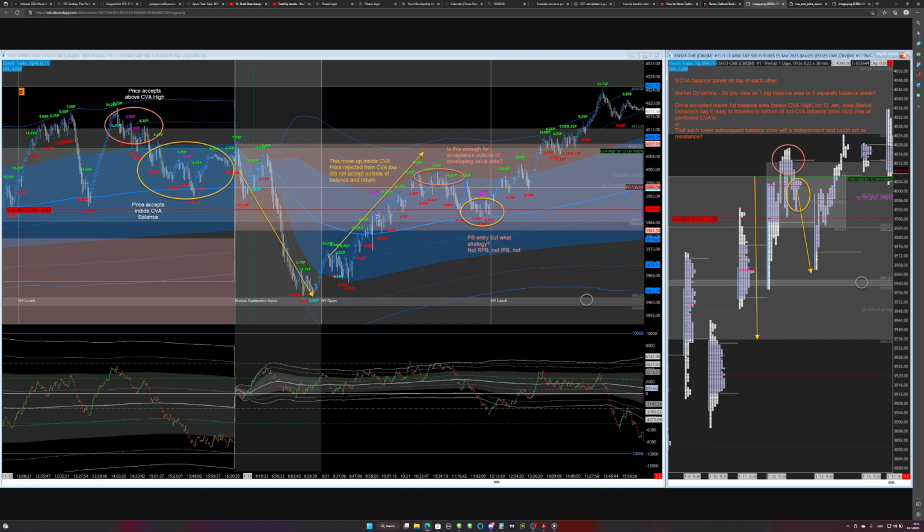It doesn't matter that it's balance here, it's a change because they are different balance zones. We come to retest, we come to the VWAP, and VWAP is in the same area as this retest here, and VWAP is going up. So this is one more thing.